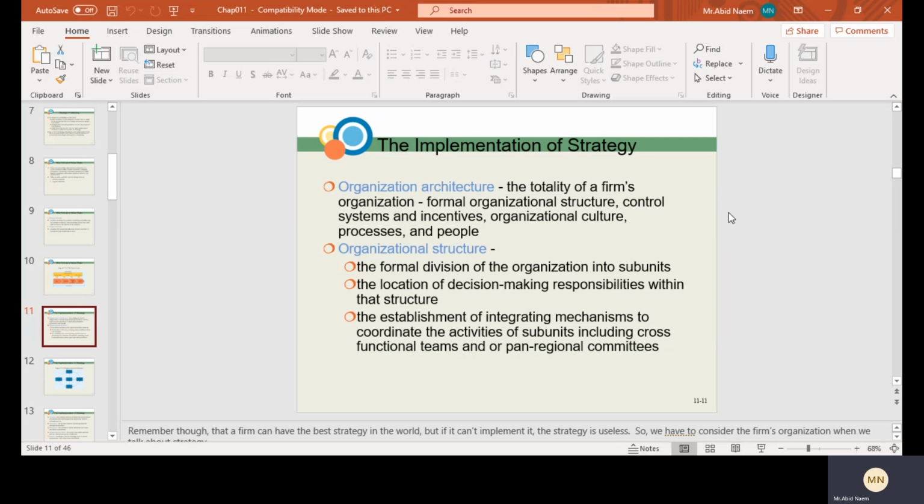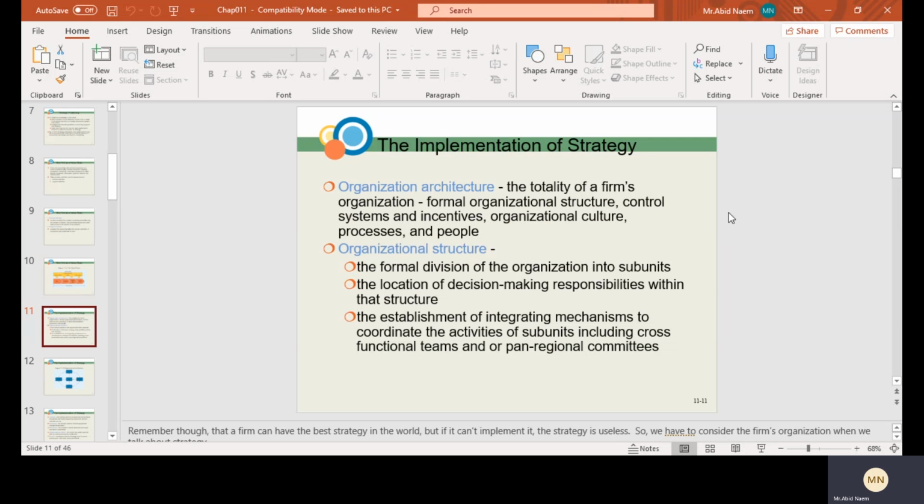The next point is the establishment of integrating mechanisms to coordinate the activities of sub-units, including cross-functional teams or pan-regional committees. Now this is interesting. Right now in a dynamic environment, teams are not department specific but cross-functional teams.